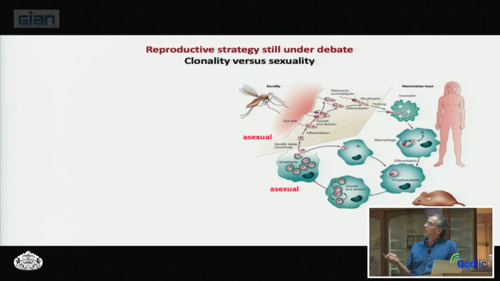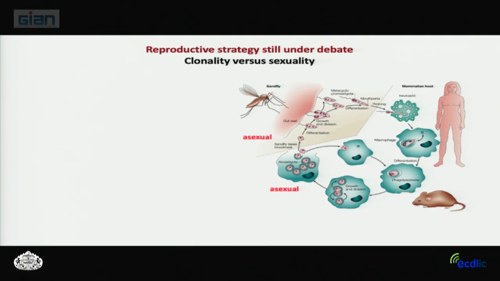As we discuss reproductive strategies, which are still under debate for this parasite, the debate, of course, involves clonality versus sexuality. If we look at the life cycle that we've described so far, it appears to be asexual. We've described dividing forms in the midgut of sandflies and dividing forms in the intracellular endosomal compartments of infected cells.